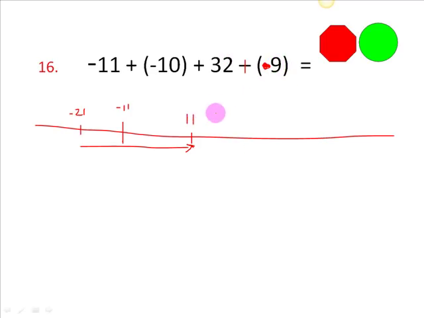And 11 plus 9 is going to move me in this direction. And that's going to make the final answer 20. Another way that might help you remember is that taking away a negative thing is a positive thing.